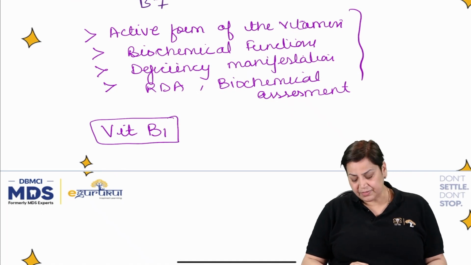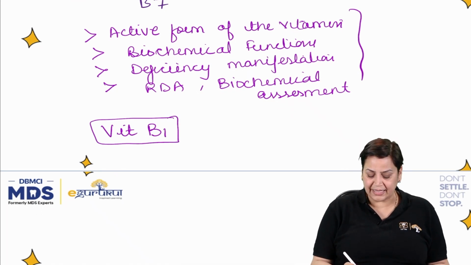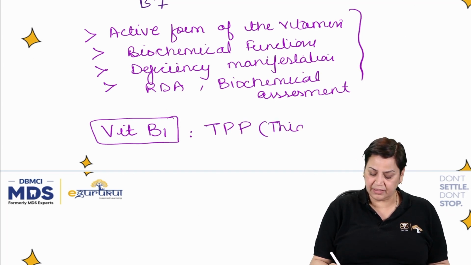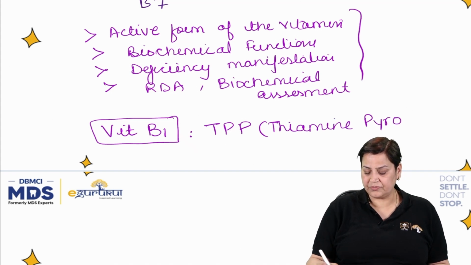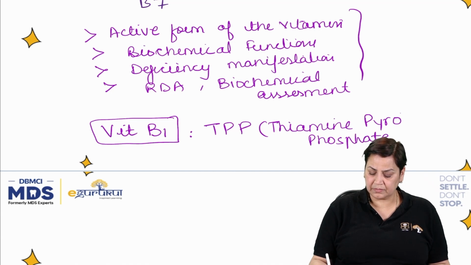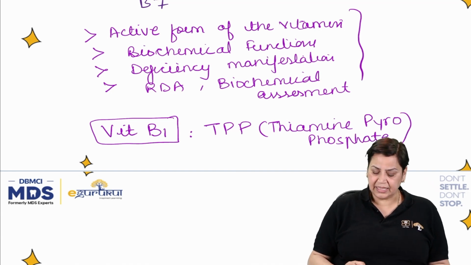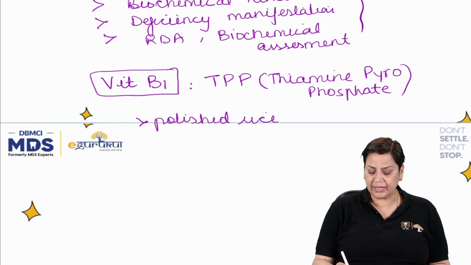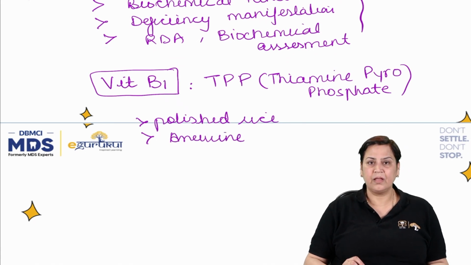The active form of vitamin B1 is TPP, which stands for thiamine pyrophosphate. It is present in polished rice and is also known as aneurin.